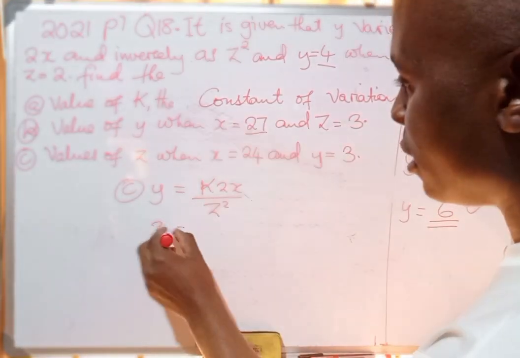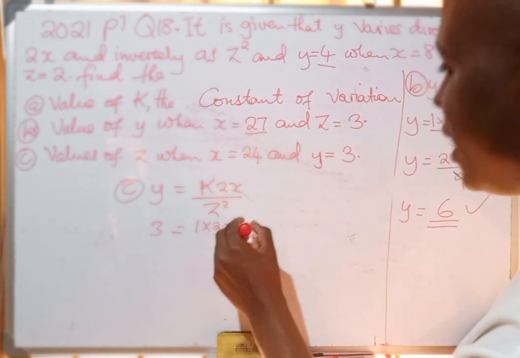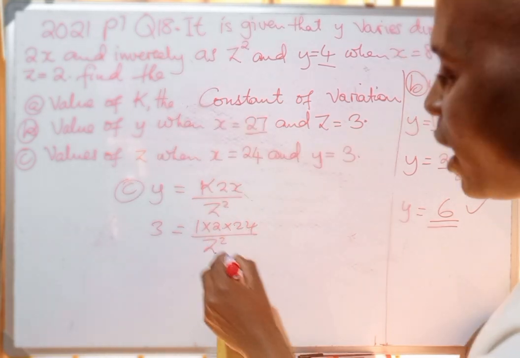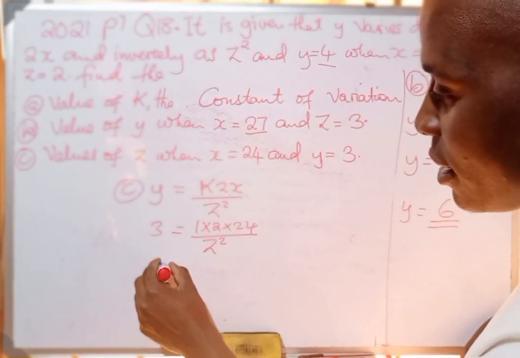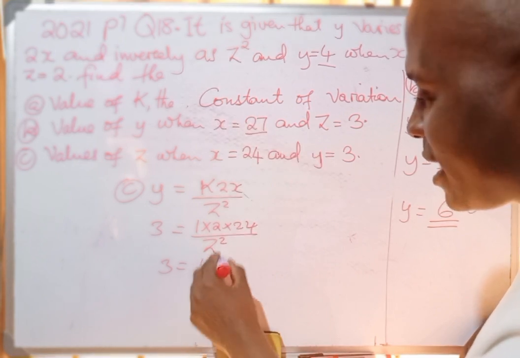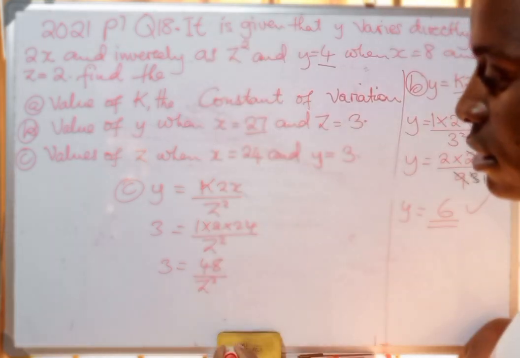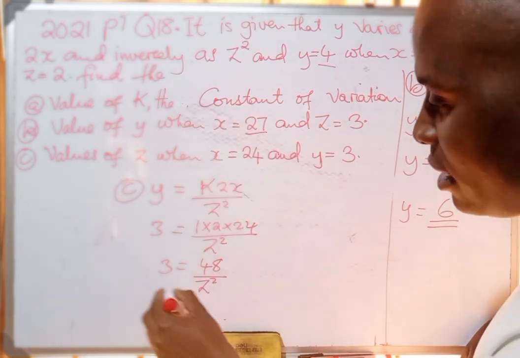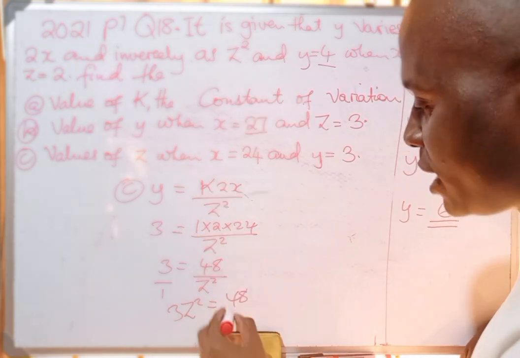So we're going to put 3 is equal to the k is 1 times 2 times the x is 24 over z squared. So it will be 3 is equal to 48 over z squared. Now we cross multiply and say 3z squared is equal to 48.